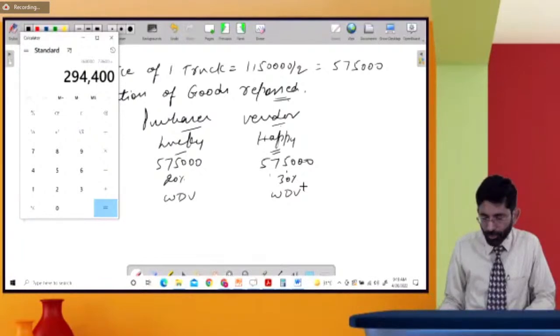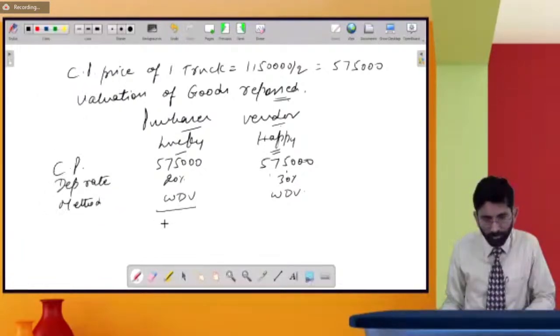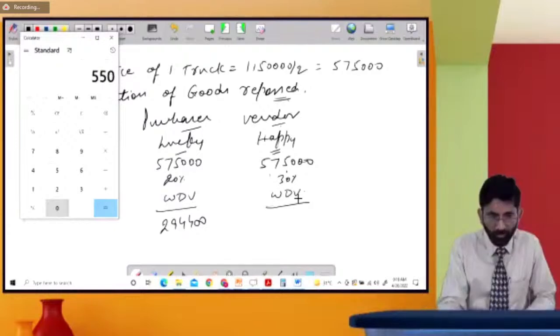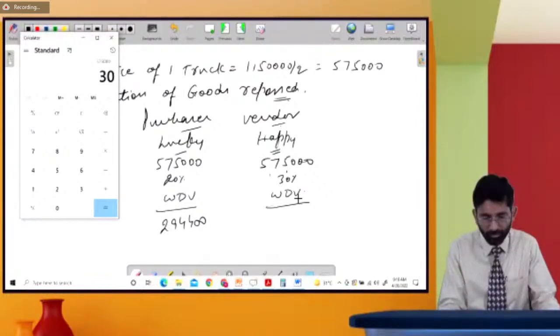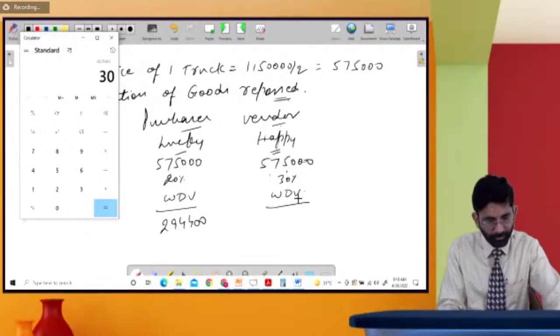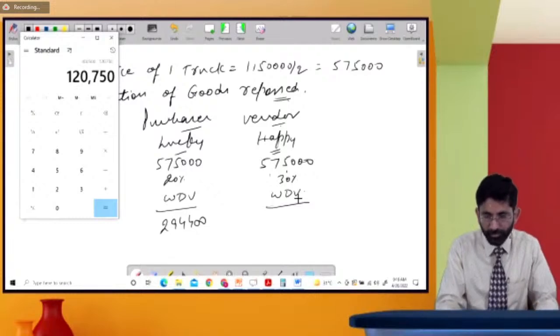It is 2,94,400 according to purchaser, and according to vendor it is minus 30%, minus 30%, minus 30%.